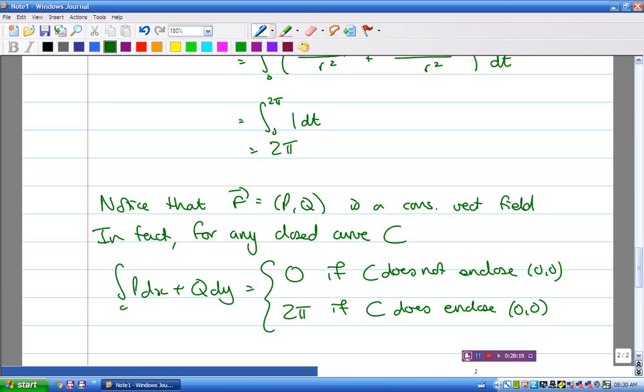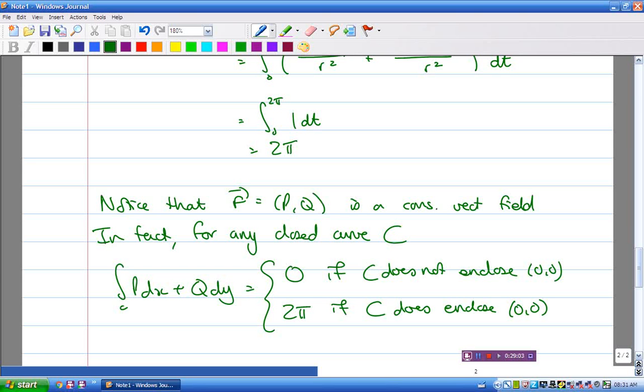Okay, so this little brackety story that I've just written here applies to this particular function, because this particular function had a problem with the origin, although I think you'd still end up with this result for any curve that encloses a region where the conservative vector field is not defined. The only change would be it might not be the origin, it might be a different problematic point, but you'd still end up with that 0, 2 pi pattern.